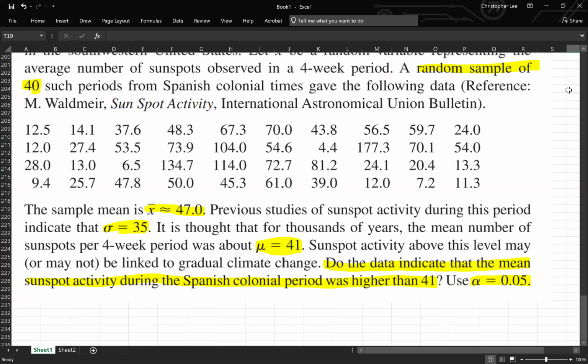Look, you see the null hypothesis H0, right? What comes after that? Mu. No, mu is missing. Mu is missing right here.